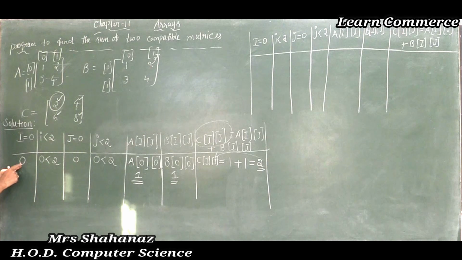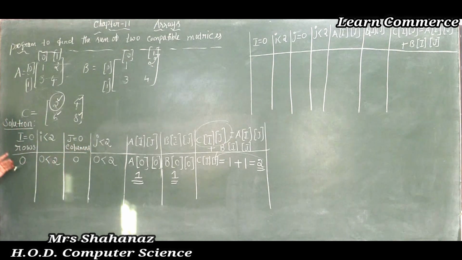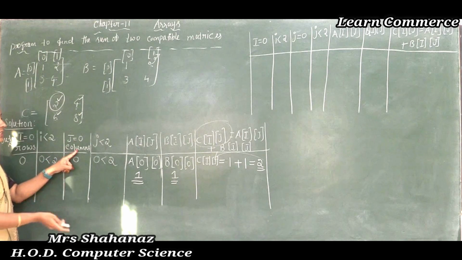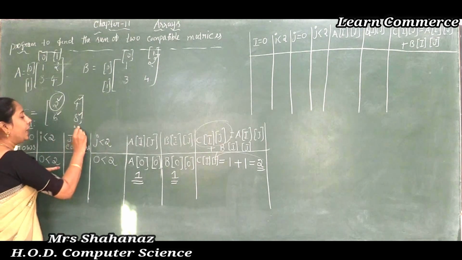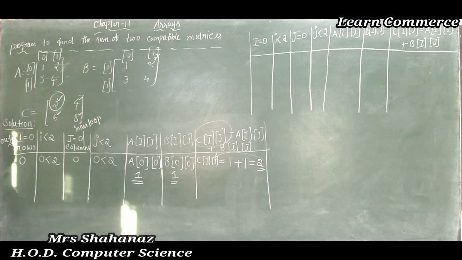The I value is equal to rows here, and J value is equal to columns. Depending on the solution we need to use. So I with rows is called the outer loop, and J with columns is called the inner loop. Clear this one? Now we have already told the note and solution in this.